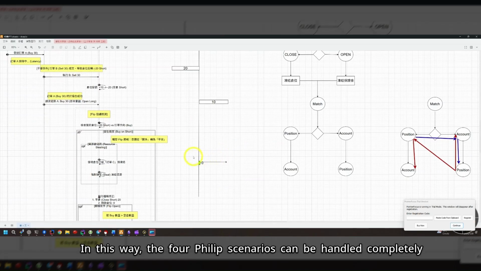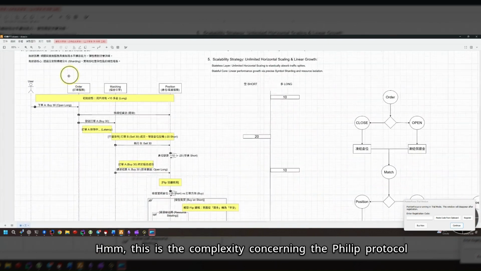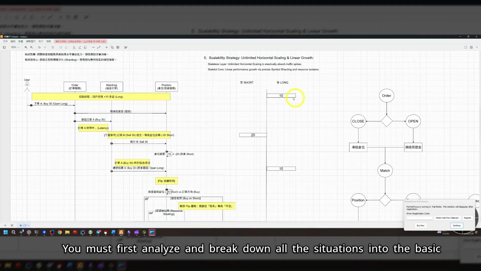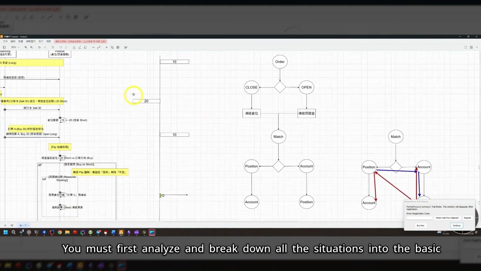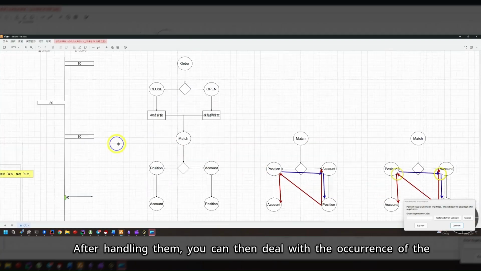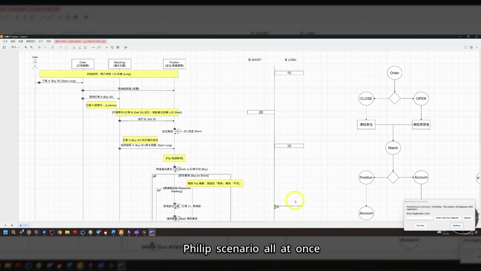In this way, the four Phillips scenarios can be handled completely. This is the complexity concerning the Phillips protocol. You must first analyze and break down all the situations into the basic cases here. After handling them, you can then deal with the occurrence of the Phillips scenario all at once.